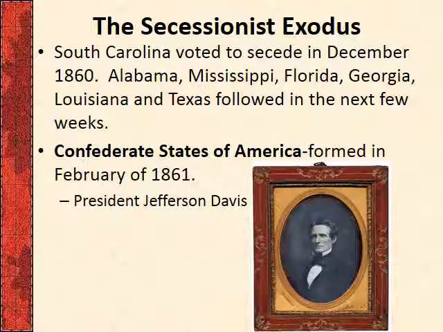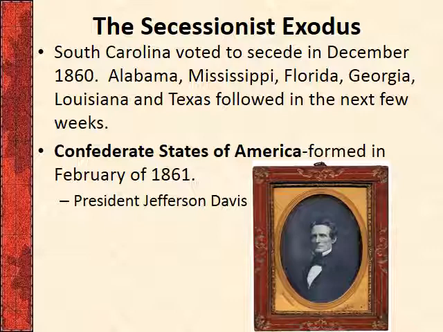Okay, so we get the first states that attempt to leave the Union. South Carolina votes to secede in December 1860, about a month and a half after Lincoln is elected. Remember, he's not sworn in yet. They secede, and that'll be the topic of our debate this week, I guess.